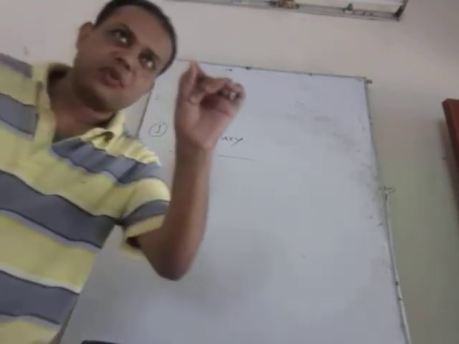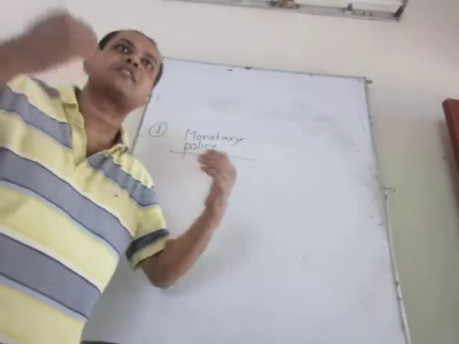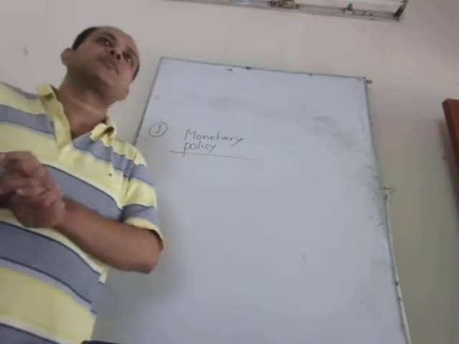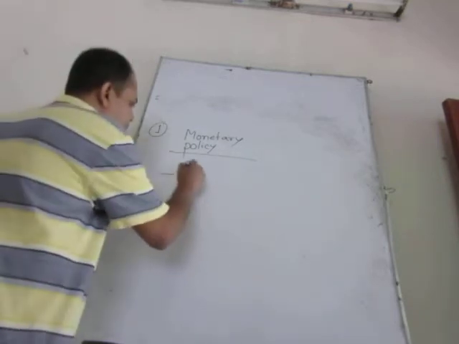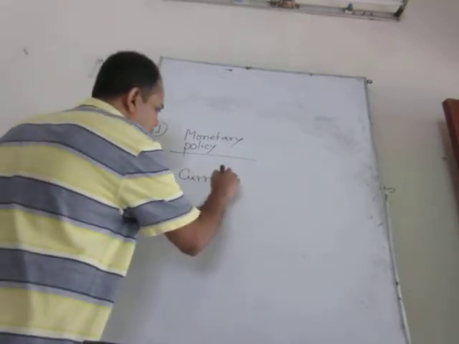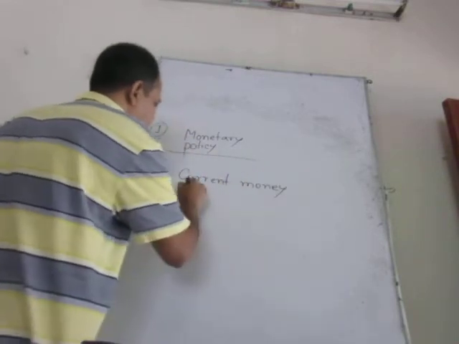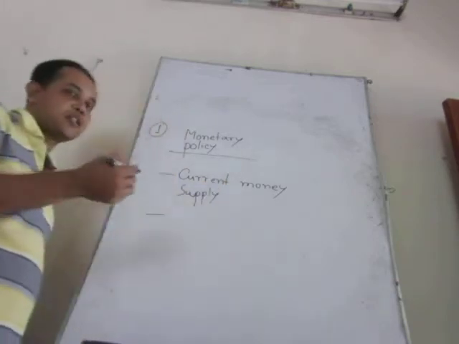So monetary policy means decisions taken by the government to intervene or to influence the present monetary situation or monetary condition. And the present monetary condition actually depends on two different things. One is current money supply, and another is pricing of the money, or you can say interest rate.